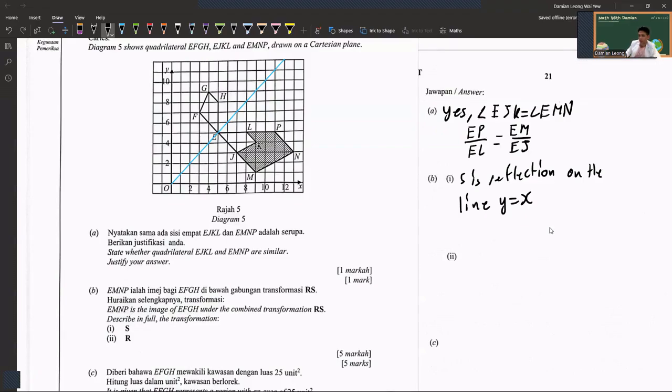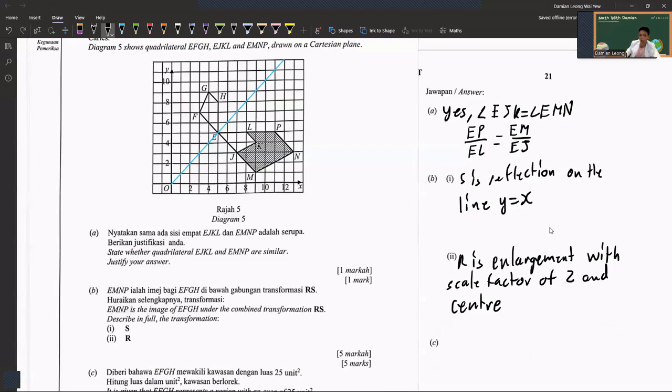Then R is from this to this, change size, definitely enlargement. Enlargement with scale factor, double the size means scale factor of 2, and center of enlargement will be the point that doesn't change, which is the point E, or you can also put coordinates 5, 5. It's the same thing.